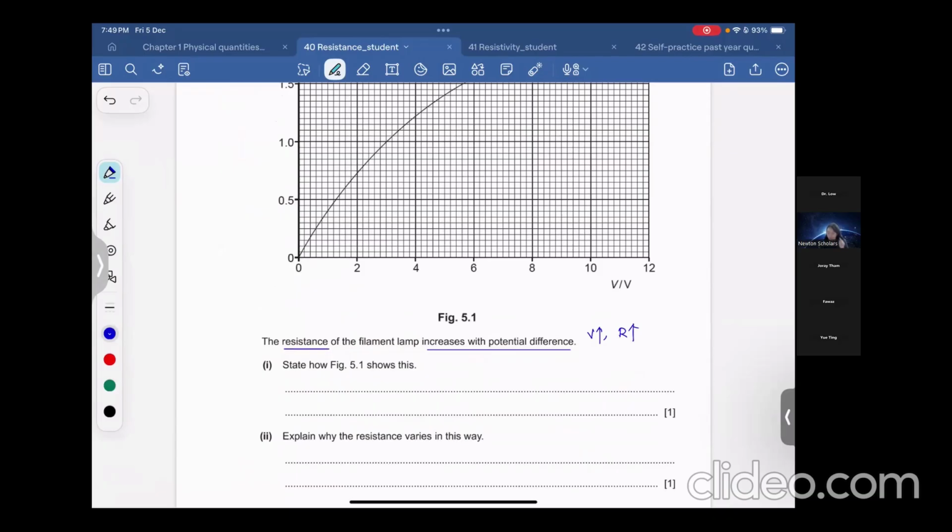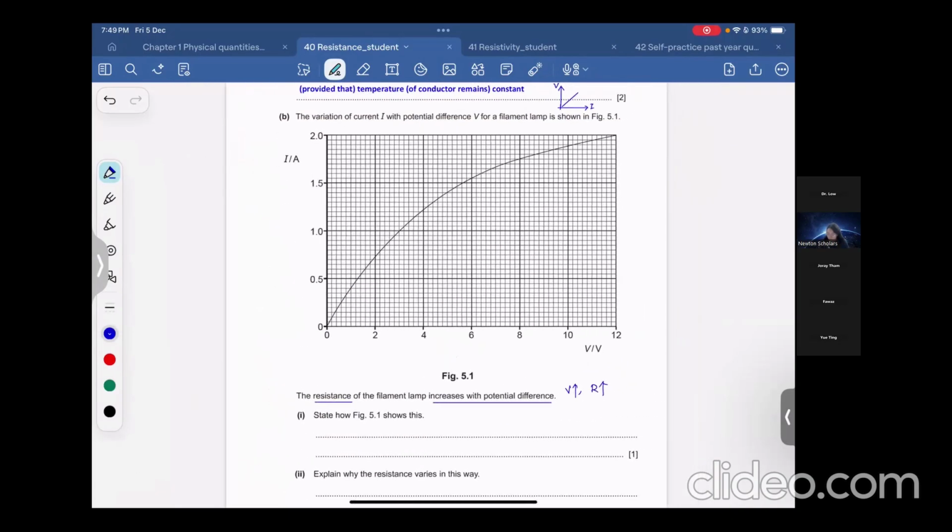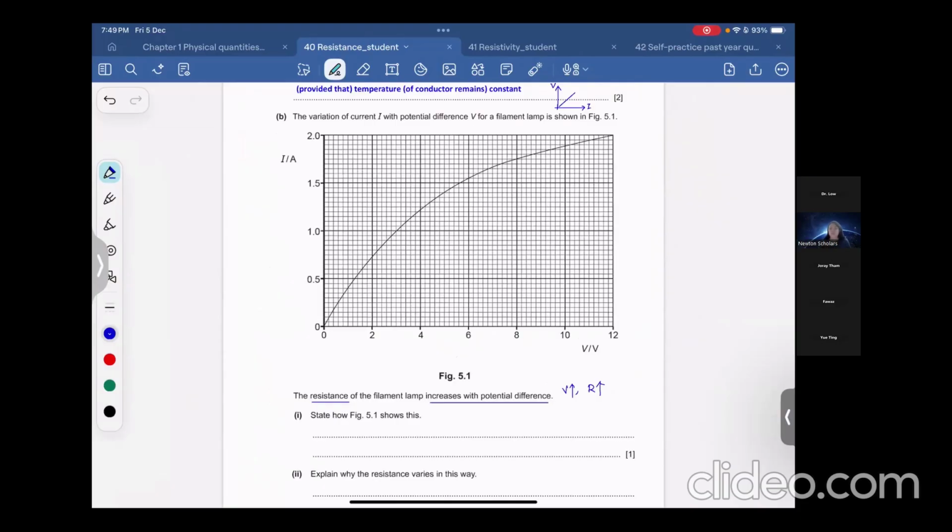State how, from figure 5.1, you know that resistance increases. Any of you can tell me, or type your answer. From the graph in figure 5.1, how does it show that resistance increases when the potential difference increases?